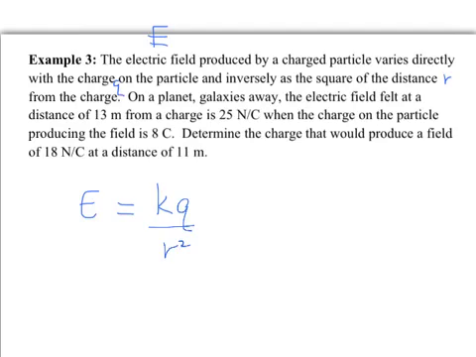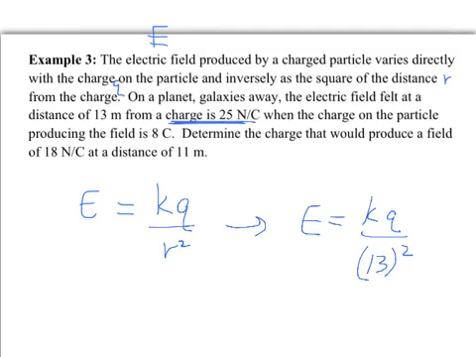The units are difficult to keep track of. Read the words to help you. So we're told on a planet galaxies away, the electric field felt at a distance of 13 meters. Where's that going to go? Distance. E is electric field, Q is charge, R. So 13 goes in for R. Now, we're also told the charge is 25.